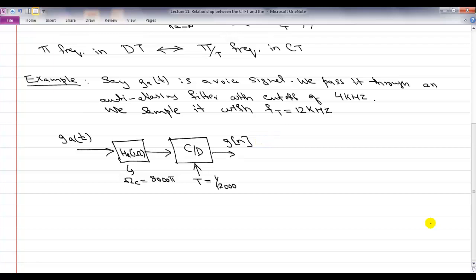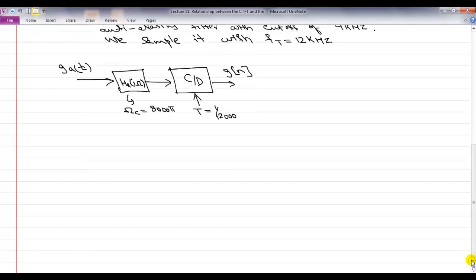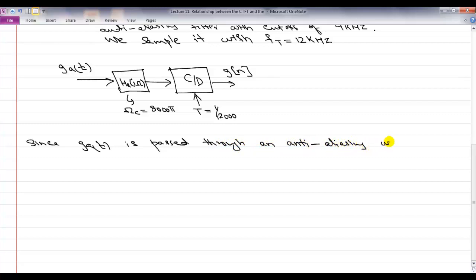Okay. So once we pass g_a(t) through an anti-aliasing filter with ω_c equal to 8,000π, let's call this g̃_a(t).